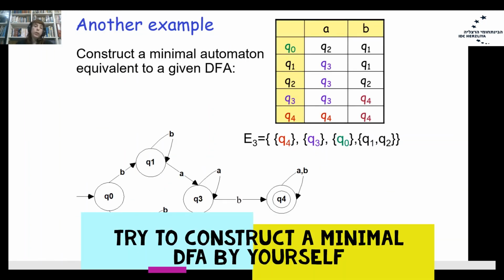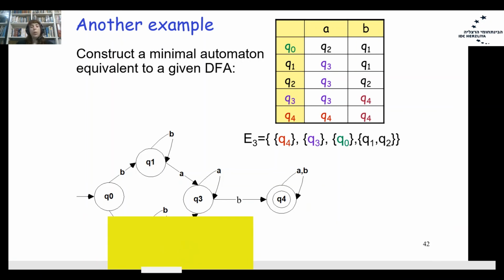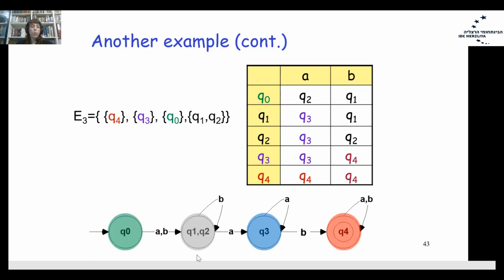Additional example, once again, I encourage you to solve it by yourself. We are asked to construct a minimal DFA equivalent to a given DFA. We already used the equivalence algorithm and computed E3, and we have these groups: Q1, Q2, and Q0, Q3, Q4. We have Q1 and Q2 as the same state, so we will draw Q1, Q2 as the same state.